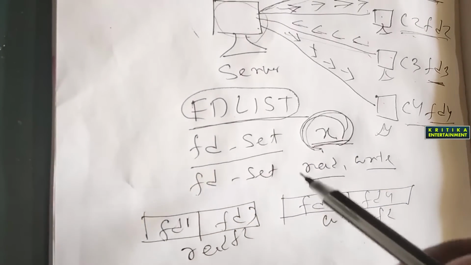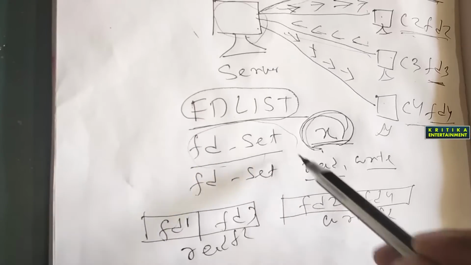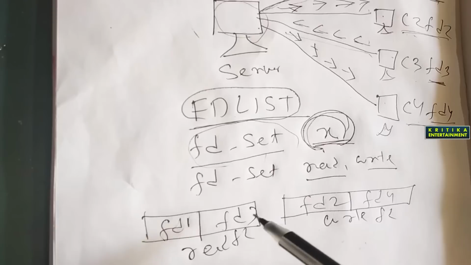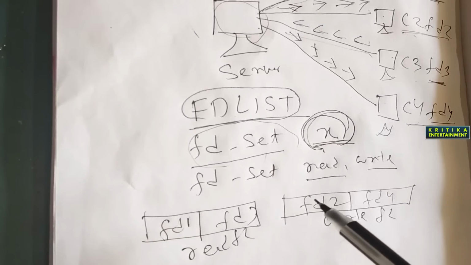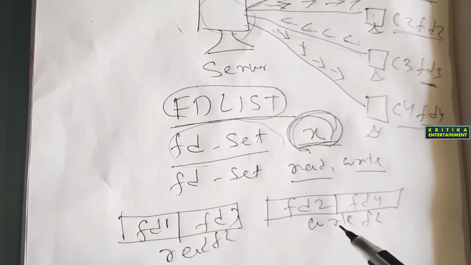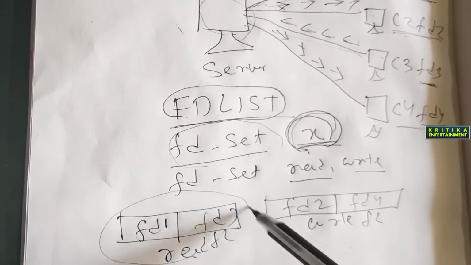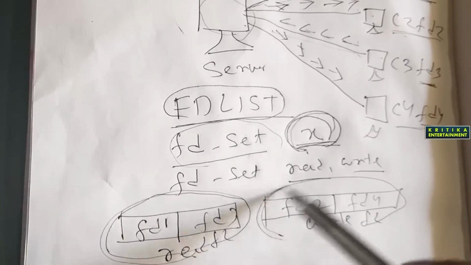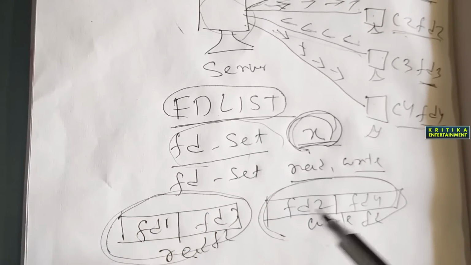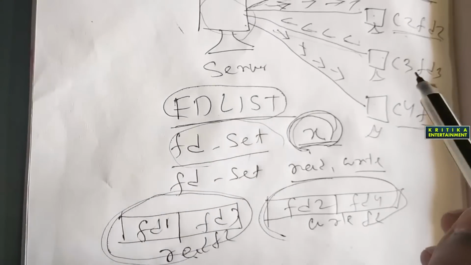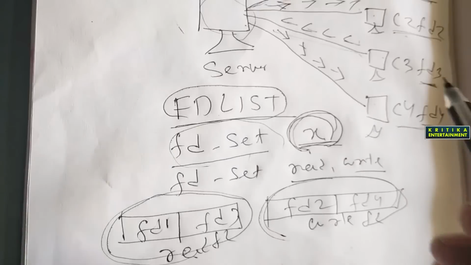The FD set data type is used to create a set of FDs for reading purposes and for writing purposes. Then if there are a number of FDs, how do we know which FD is currently used for reading?